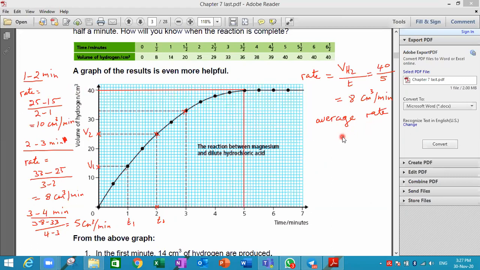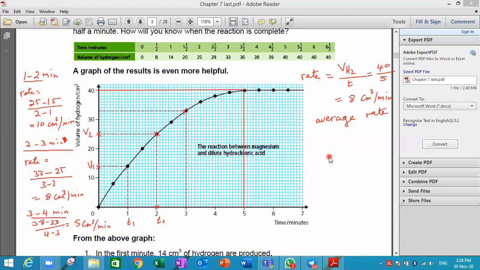But if we take the total volume divided by the total time, we get what we call the average rate. Okay? Why does the reaction rate start at a higher number and then decrease? It does so because at the beginning there was no product, and the reactants have high concentration.